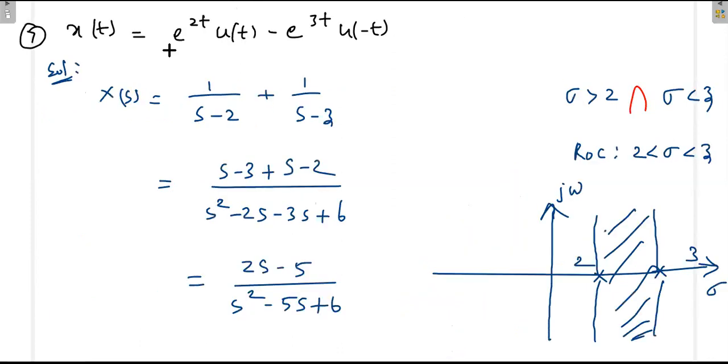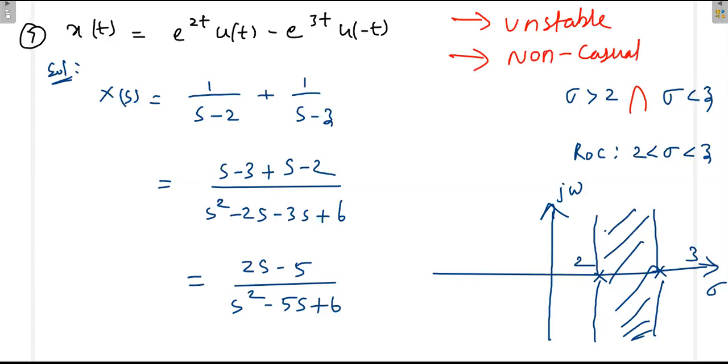Then we'll see the seventh one. When you put t is equal to infinity, e power infinity is infinite. So this is unstable. And the first one is defined for positive time and the second one is defined for negative time. So this is non-causal.